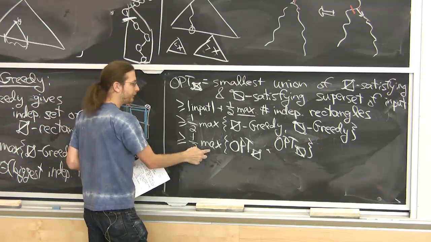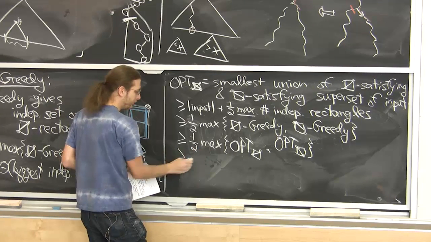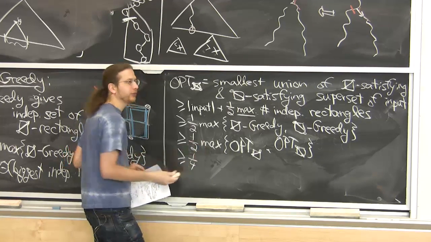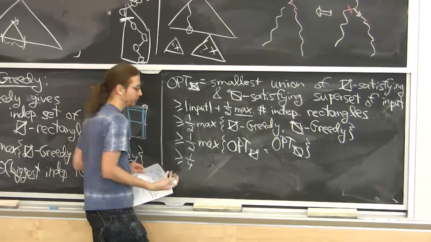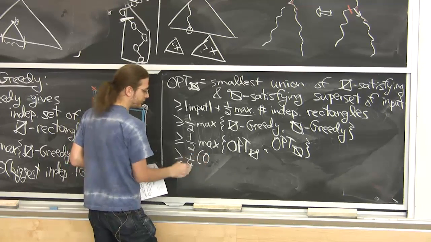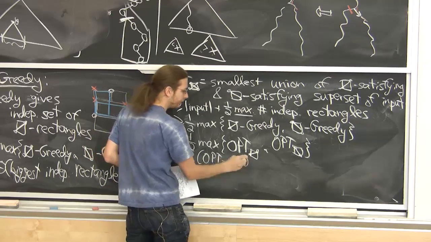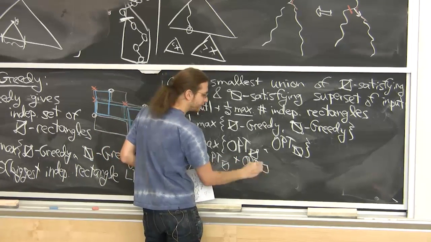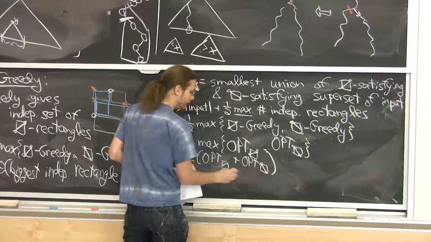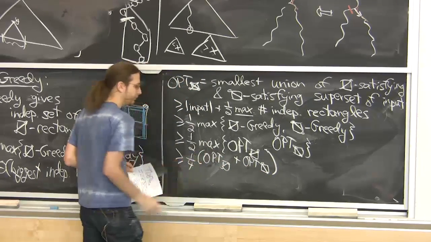Good. Now I just want to turn this max into a plus. Because the max is always at least the average, if I take the average, which turns it into 1/4, opt plus plus opt minus. Okay, then that holds to turn the max into a plus.